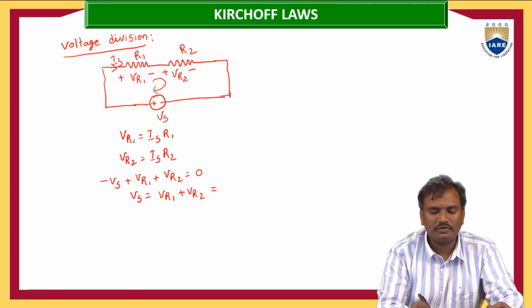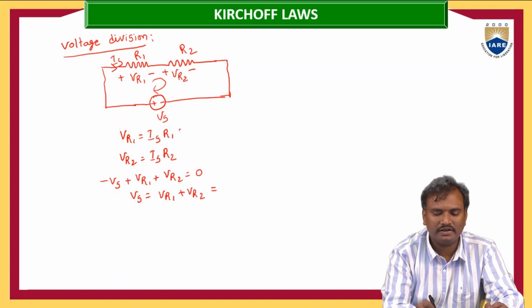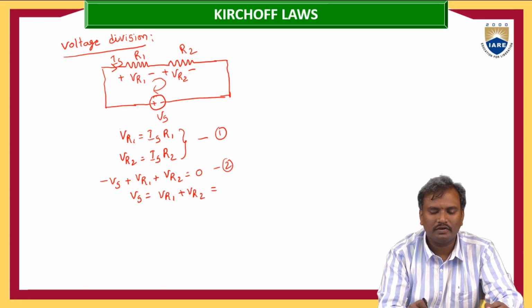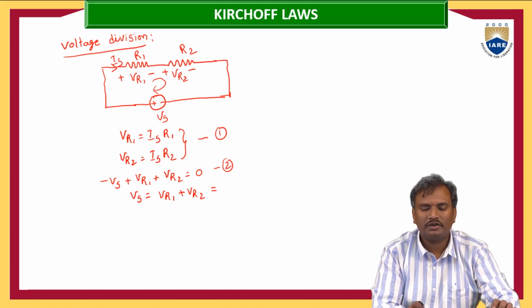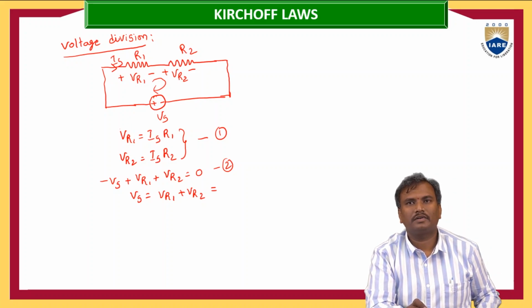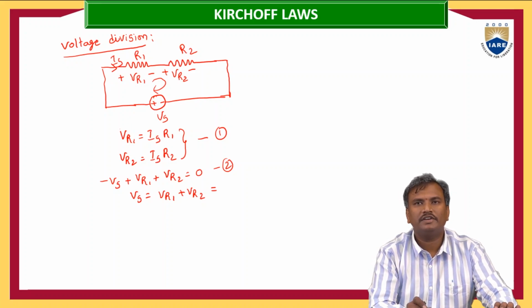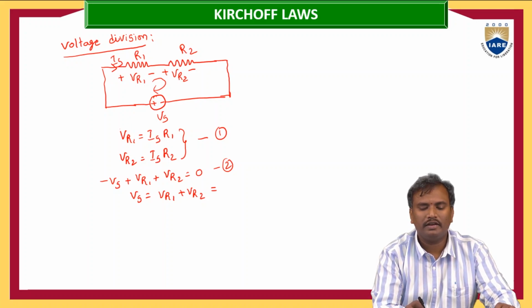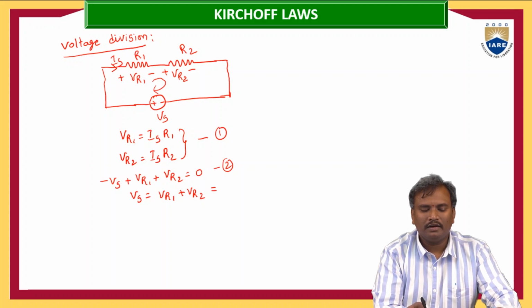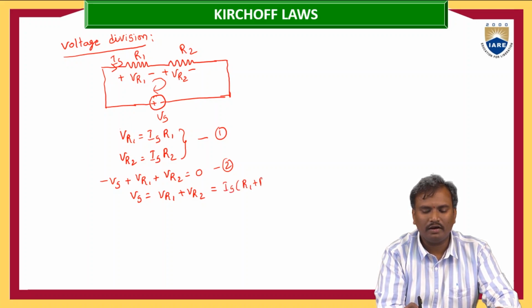Here, if we substitute these values, let us consider this is equation number 1, this is equation number 2. If we substitute equation 1 in equation 2, that is Is into R1 plus R2 we will get.